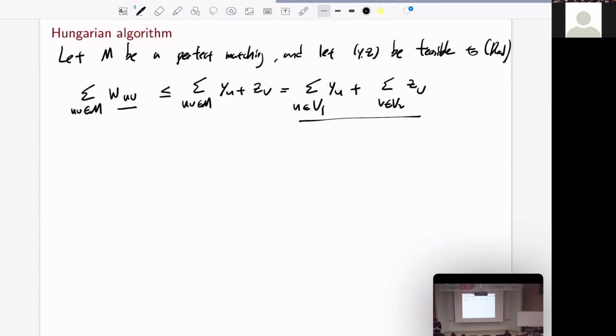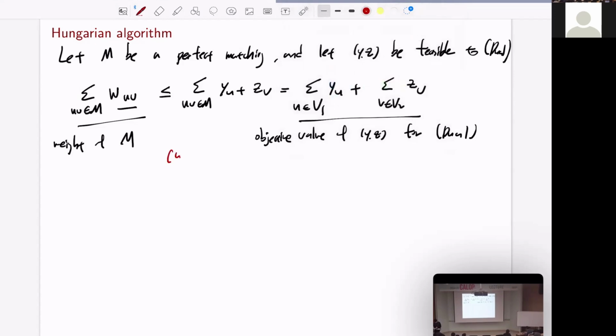This is the objective value of (y, z) for the dual, and this is the weight of my perfect matching M. What this shows is that the weight of this perfect matching is always less than or equal to the value of this dual solution. This is a consequence of weak duality, but we gave this direct proof.